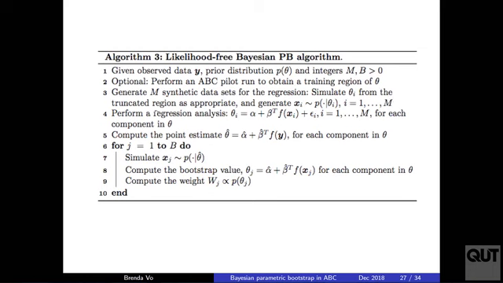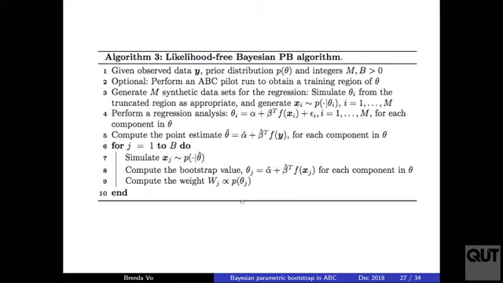Then we generate M simulated data sets for the regressions. After we get the regressions, we fit multiple linear regressions for each component of theta, and then we substitute the observed data to calculate theta hat, and use theta hat for the bootstrap procedure.